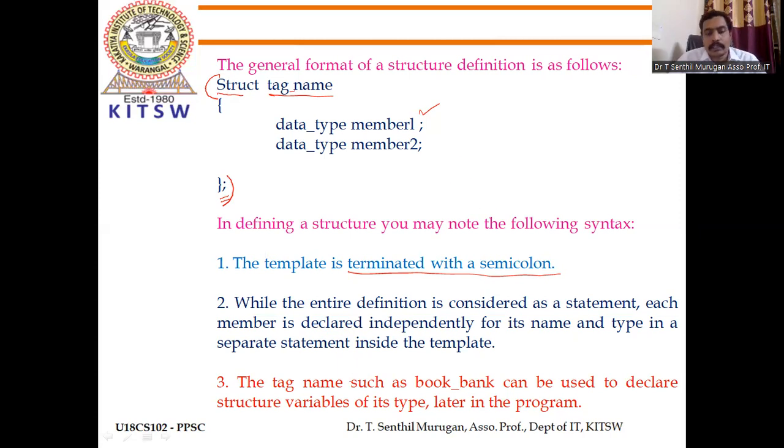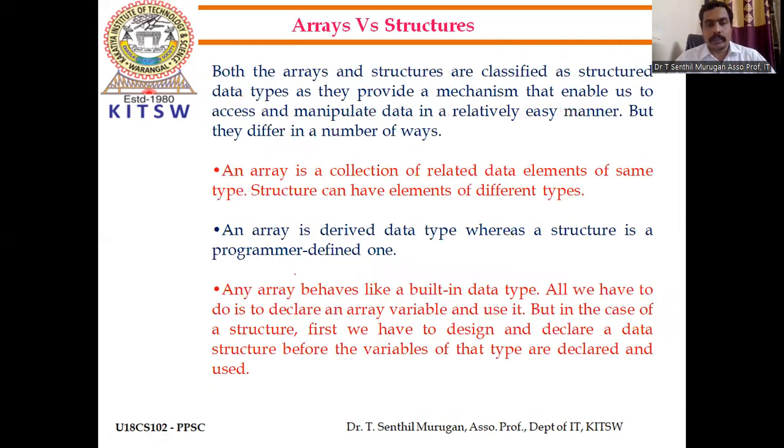Last one is the tag name. In the previous example, book underscore bank, we have written that, and it is considered the tag name. Why we use the tag name: when we are creating the variables for the structure, we need the tag name. So these three things you have to remember.